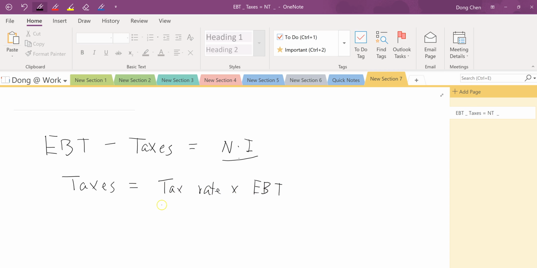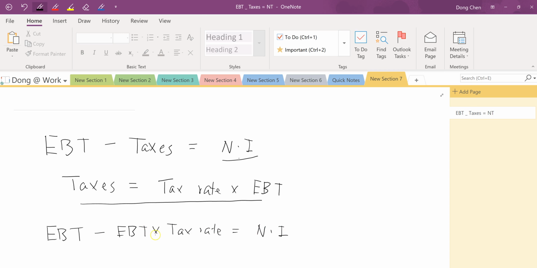So now if you plug this expression for taxes into the above equation, you will have EBT minus EBT times tax rate equals net income, right? I also changed the order of the EBT and the tax rate.